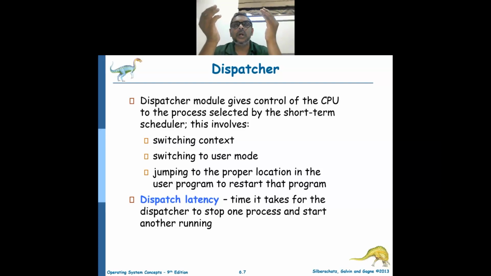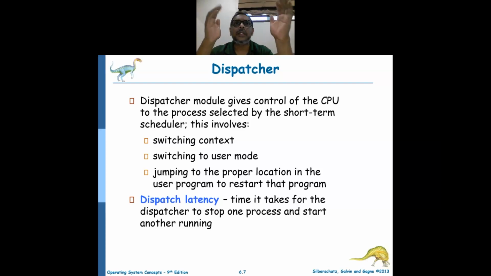The short-term scheduler is merely to bring the process from the CPU back to memory. That's its job. But to start the process is what we need the dispatcher for. The dispatcher is to start the process.